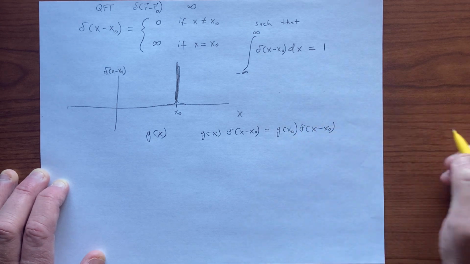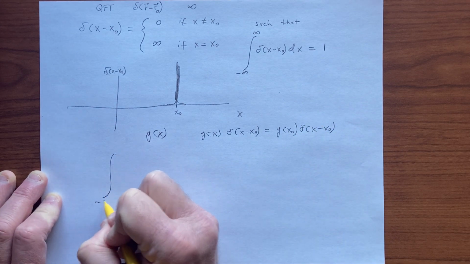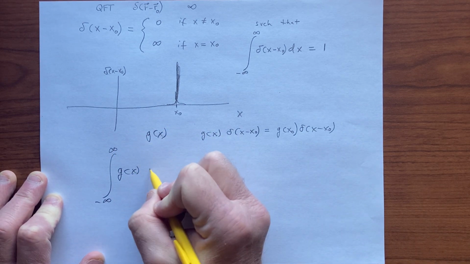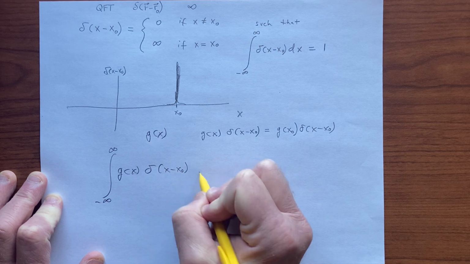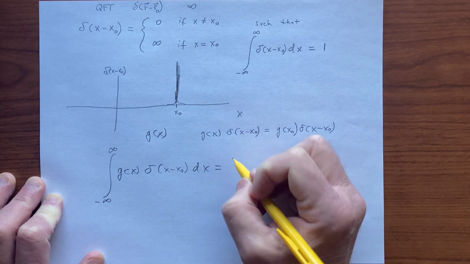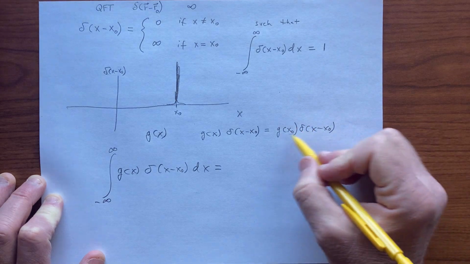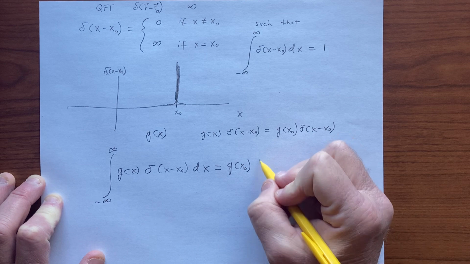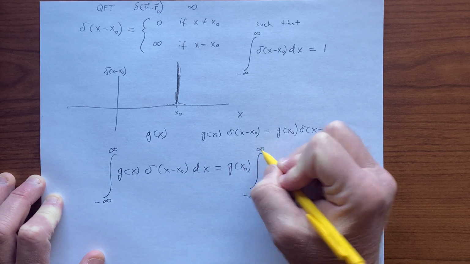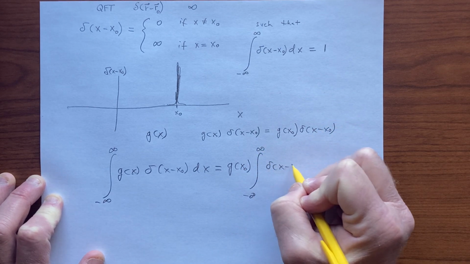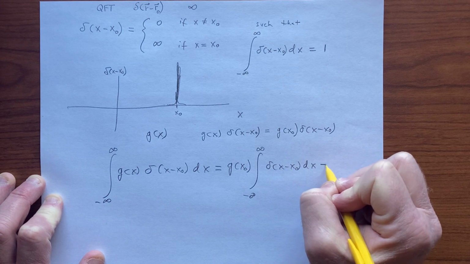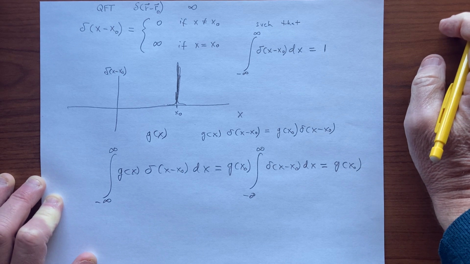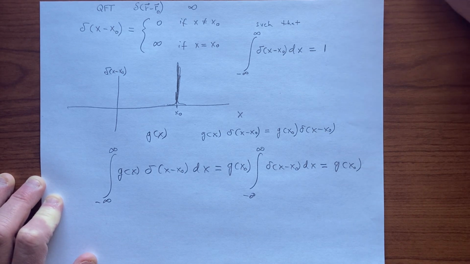That's the only place it could be interesting, and if we put it under the integral sign and do this operation, we just replace this with that constant, whatever that constant is, and then we have what we're familiar with at this point, and therefore this is just equal to that constant, the value of that function at that location.